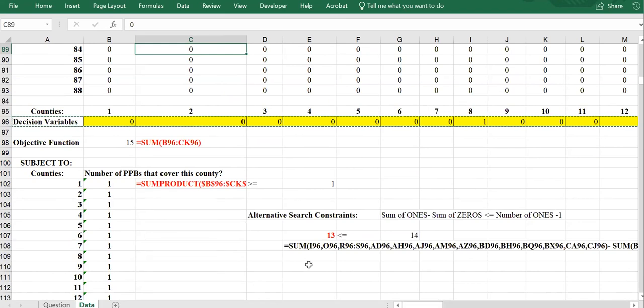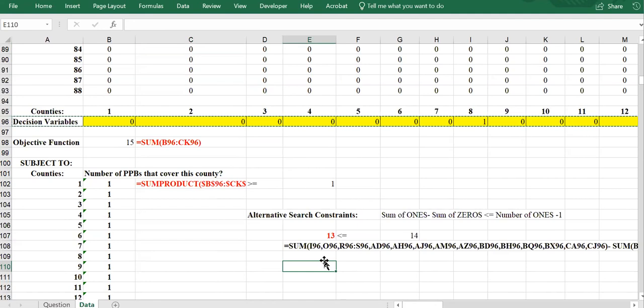So if you want to keep doing this and see how many alternative optimal solutions you have, you need to keep adding constraints. I'm going to do this process one more time, but you can just keep doing it until you find all the alternative solutions.